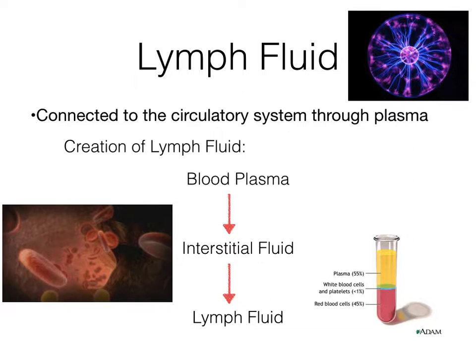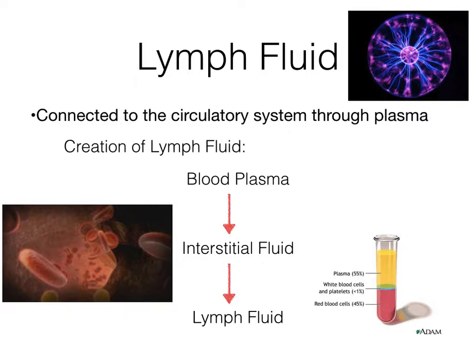The lymph fluid is very much connected to the circulatory system because it deals with blood plasma, which, as you remember, is the actual fluid component in blood, making up around 55% of blood. Lymph is created when blood plasma is filtered out of the blood capillary walls. Once it is filtered, it takes form as interstitial fluid, which surrounds the cell tissue.